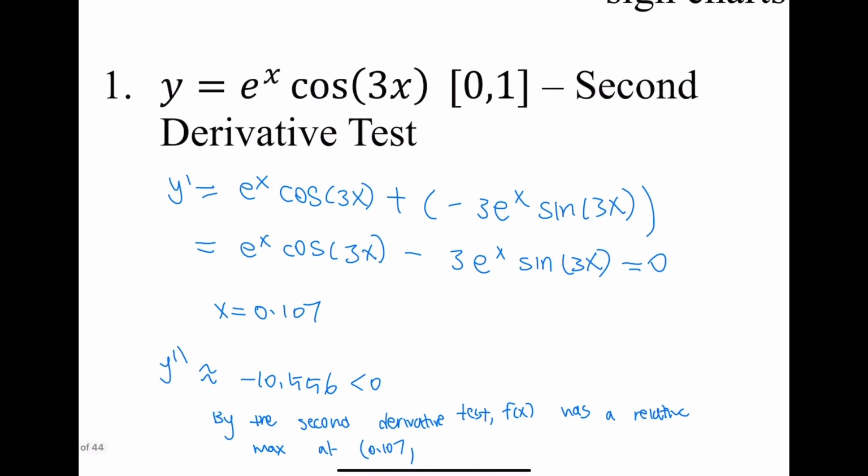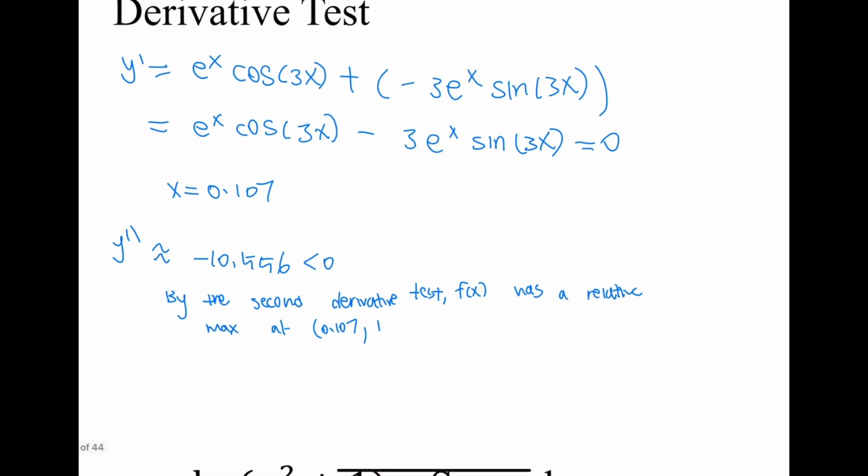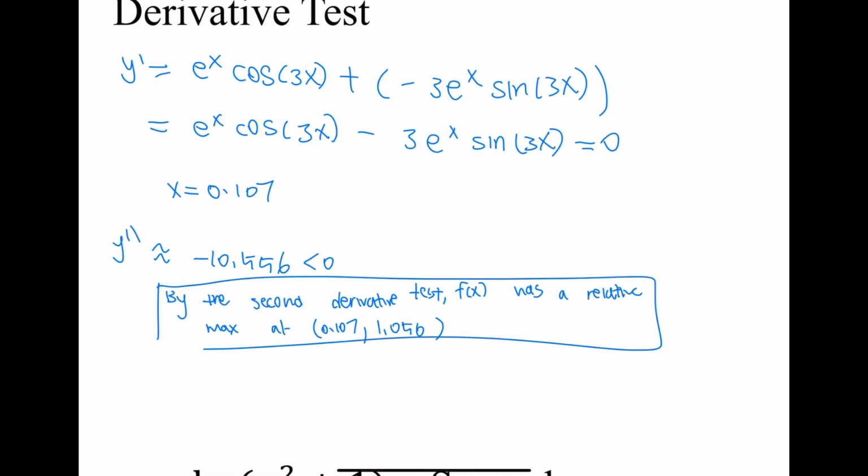So e to the x and then cosine 3 times 0.107, which would be 1.056.